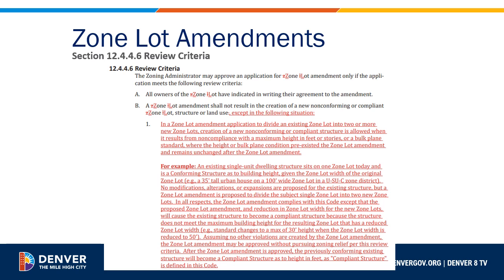A zone lot amendment is proposed to split the single lot into two zone lots. In all respects, the zone lot will comply with the code, except that the standard for the smaller zone lot width changes the height maximum to 30 feet from 35 feet, thereby creating a new non-compliant structure where there was not one before. This new exception provides an avenue to approve the ZLAM without having to put the applicant through an AA or variance process.